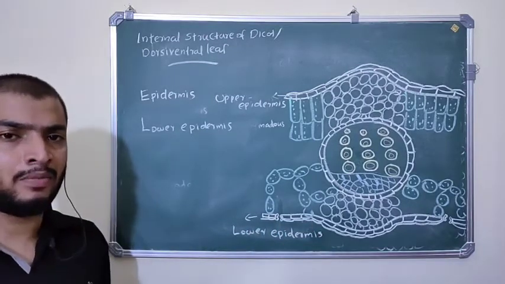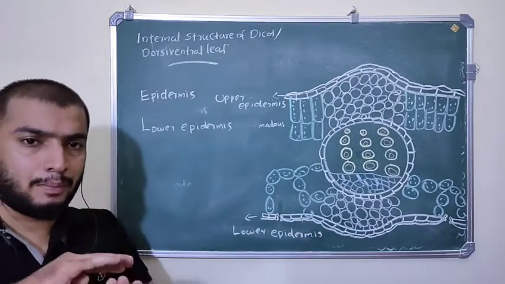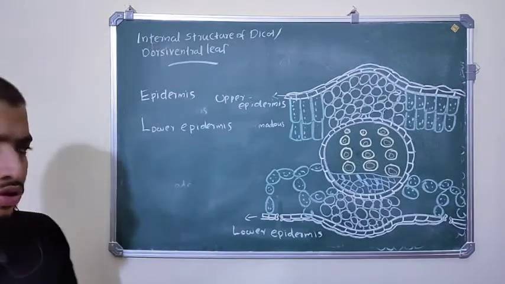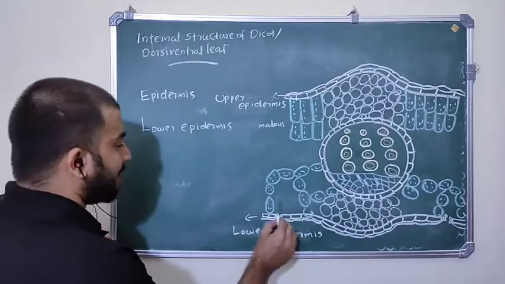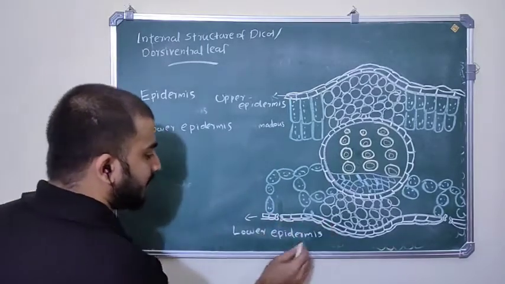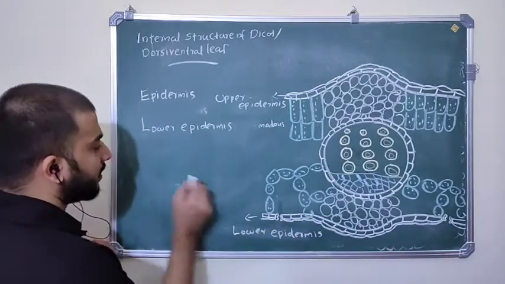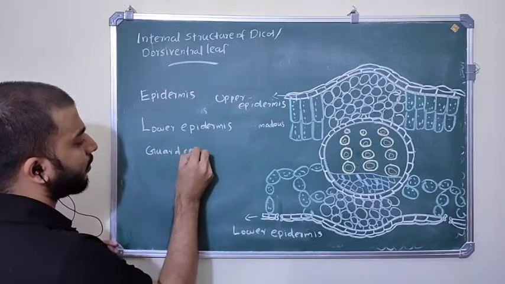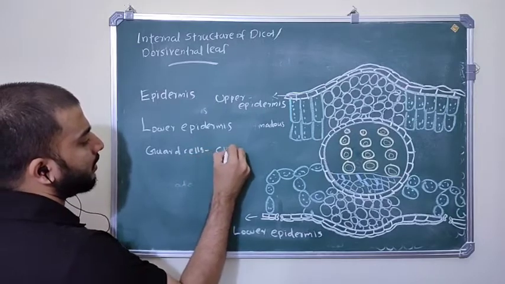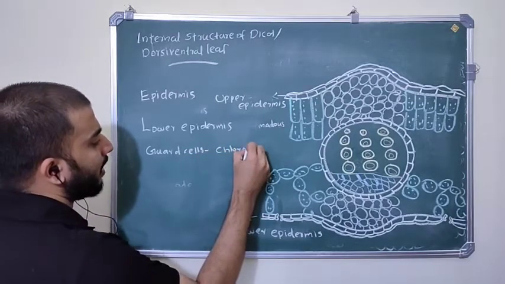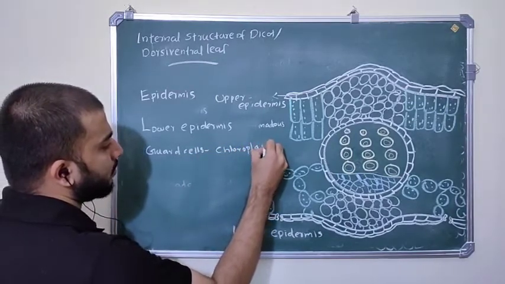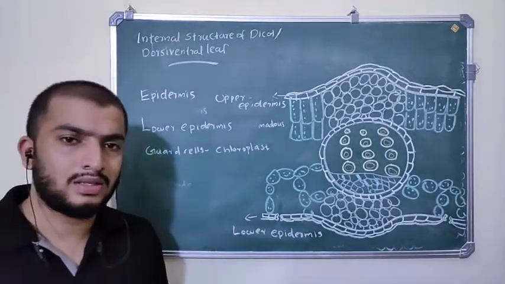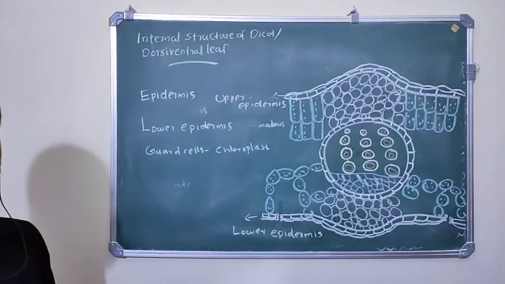That is the main important point about the dicot leaf: upper epidermis has very few stomata, lower epidermis has more. On the epidermis, only the guard cells have chloroplast. Other epidermal cells do not have chloroplast.